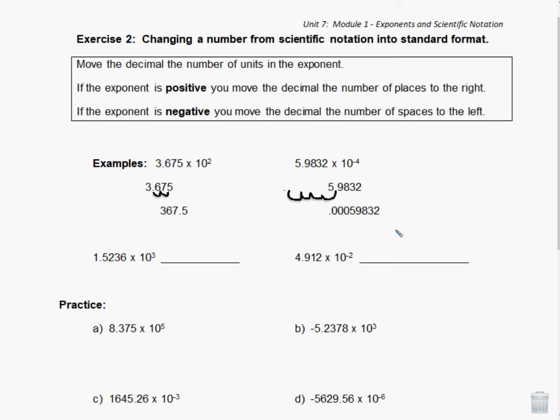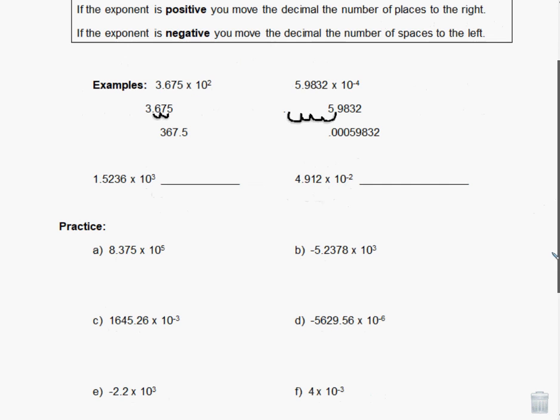So now we're going from scientific notation to standard form. What I first notice is the exponent. It's positive. So this has to be a very large number. So I want to move this decimal to the right to make it large. So I write the number out without the decimal. I put my pen where the decimal is, and then I count what the exponent of the power of 10 says. 1, 2, 3, 4, 5.